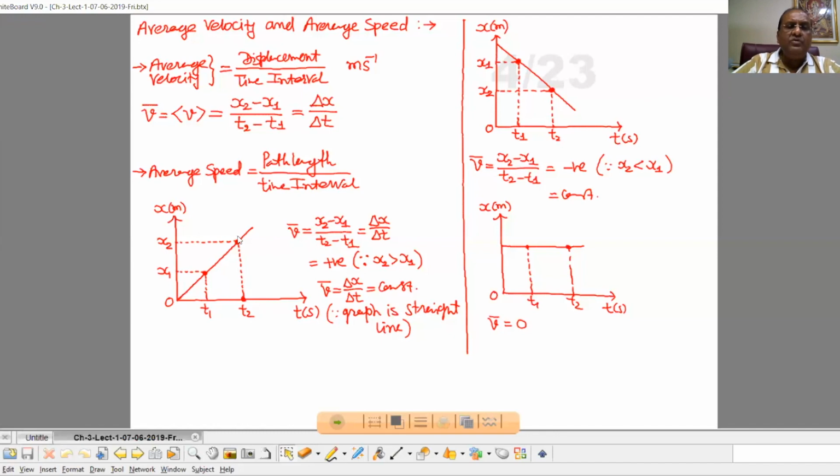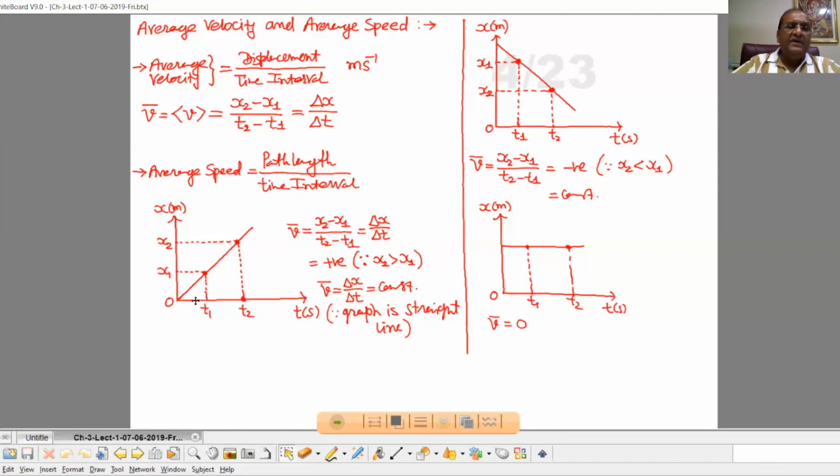At time t2, the position of the object is x2. So from the graph, if we calculate x2 minus x1 upon t2 minus t1, that is delta x by delta t. But this delta x by delta t is also called the slope of the graph. And here x2 is greater than x1, therefore this slope will be positive, so average velocity is positive.